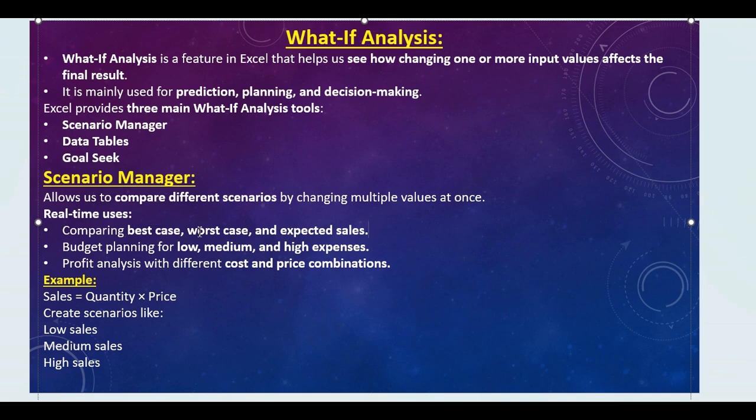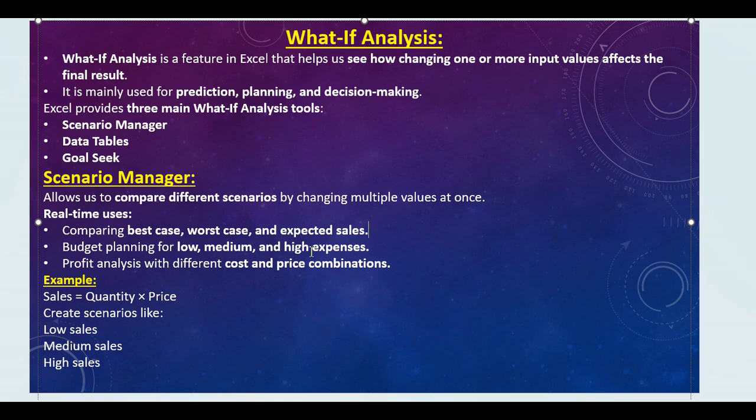When comparing scenarios like best case, worst case, and expected: in the best case, high selling price and high sales with low cost give maximum profit. In the normal case, average price and sales generate moderate profit. In the worst case, low price, fewer sales, and higher cost reduce the profit.